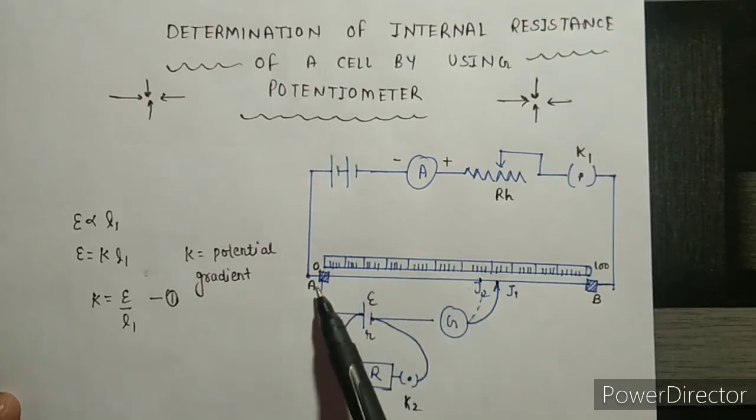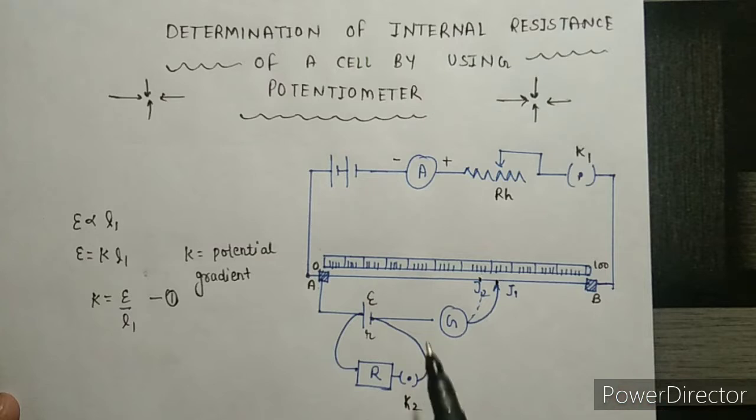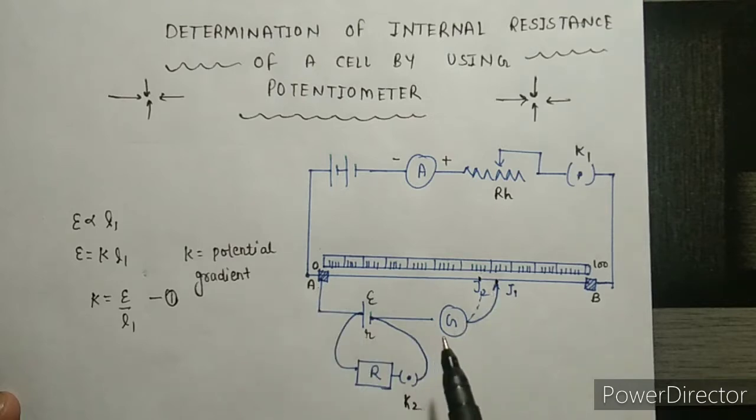In this situation the length between A and J2 is directly proportional to the terminal potential of the cell, because in the second condition there is current drawn from the cell. Students, you already know that when current is flowing through the cell, this is the terminal potential, and when no current is flowing through the cell, that is the EMF of the cell.